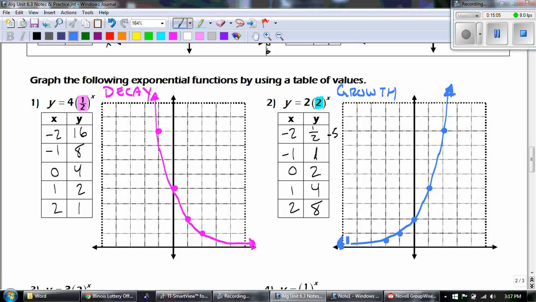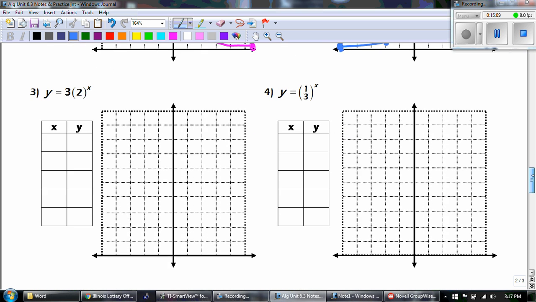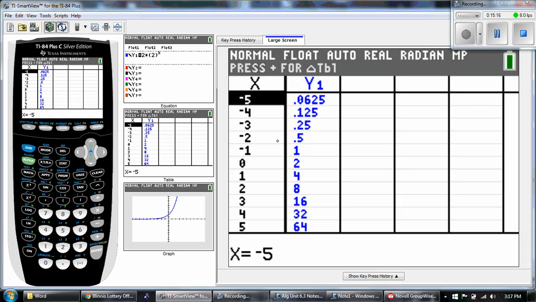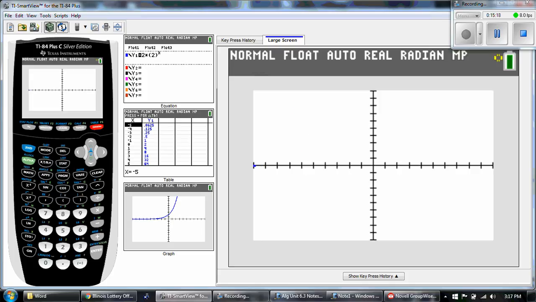And there we go. All right. Now, and once again, if you're putting it into your calculator, you can hit graph to see what it looks like to make sure that you did it correctly. Okay.